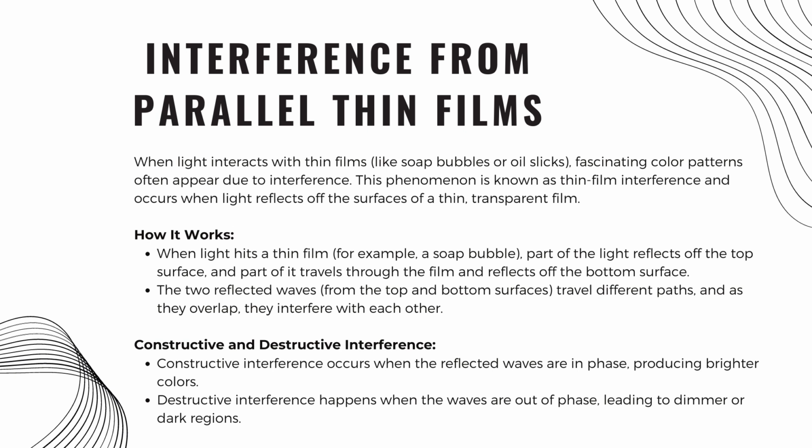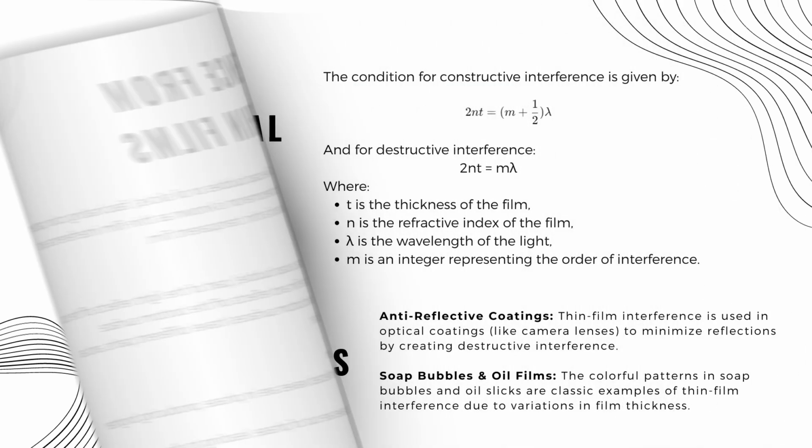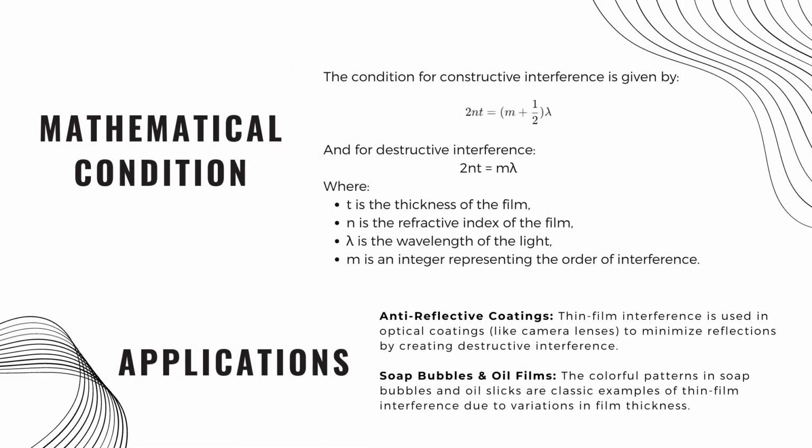The thickness of the film and the wavelength of the light affect the type of interference observed, which is why we see colorful patterns in thin films, especially under white light. Mathematical condition. The condition for constructive interference is given by 2nt equals m plus half whole multiplied by lambda.